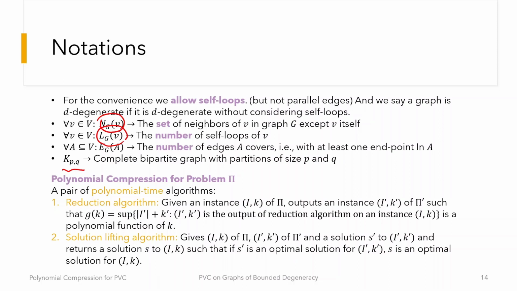But in case that you are familiar with polynomial kernelization, polynomial compression is the same. The only difference is that in the reduction algorithm, the input instance and output instance are from different problems. So in kernelization, input and output of the reduction algorithm are from the same problem, but here we will have different problems as input and output.